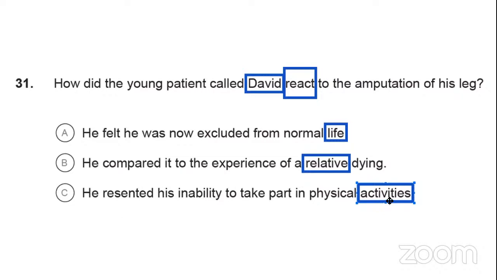Resented means felt sad, feel upset. Think about this. Try to identify. Okay, this is one style of analyzing the question.